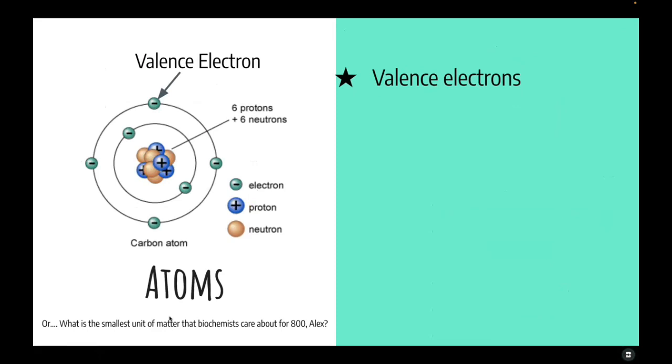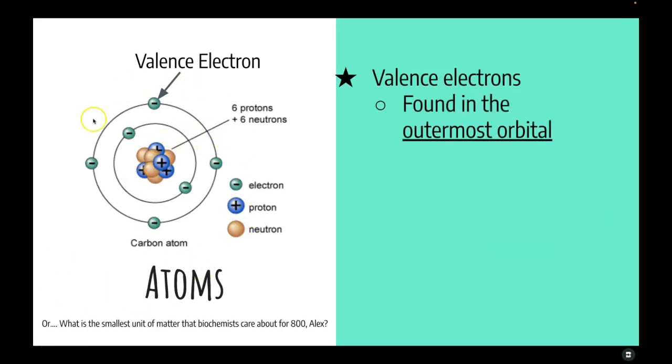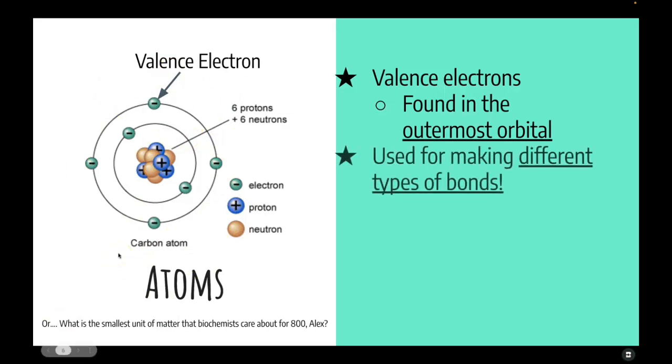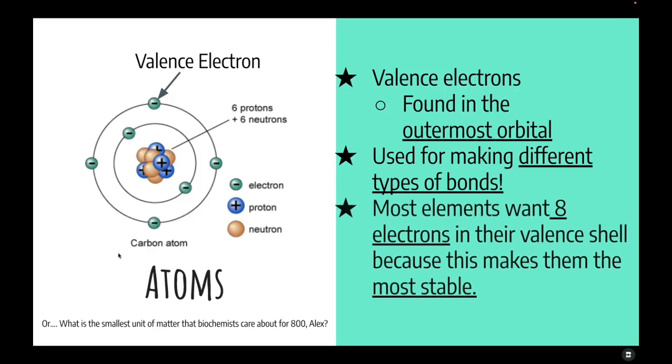All right, so let's talk about valence electrons. These are the ones found in the outermost circle, the ones that are furthest away and have the highest energy. Why do they matter? Because they're used for making different types of bonds, and they're the ones that actually participate in chemical reactions.